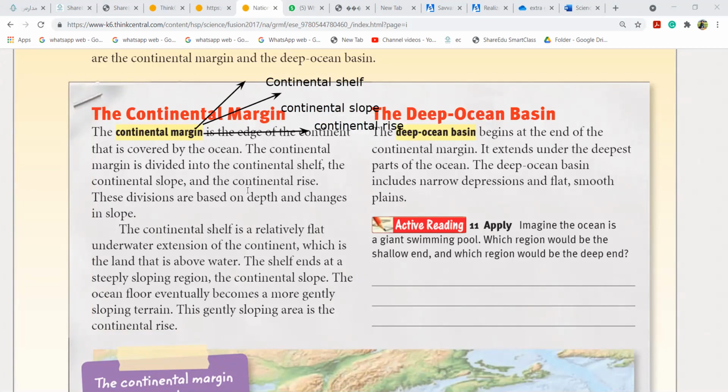So we have three things. These divisions are based on the depth and changes in the slope. They are based on how deep the ocean is.